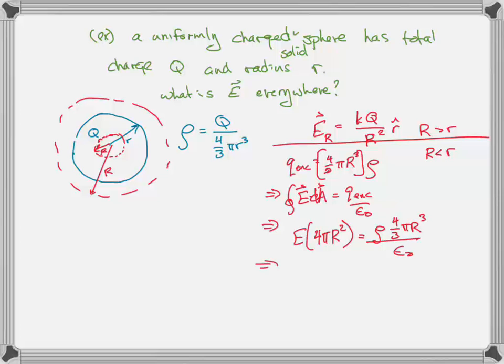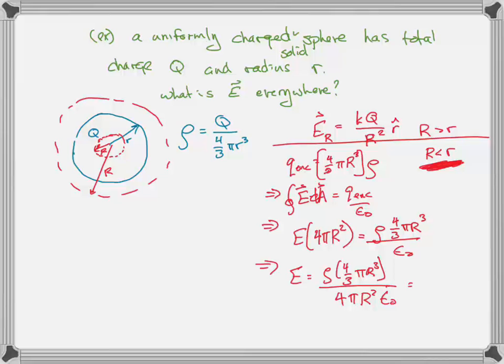So the electric field for r less than R is rho times 4/3 pi r cubed divided by 4 pi r squared epsilon 0.